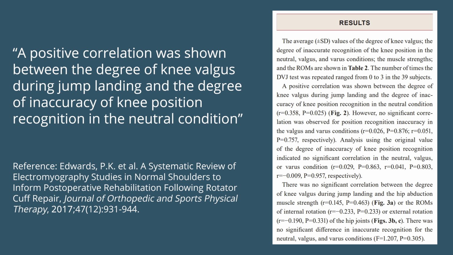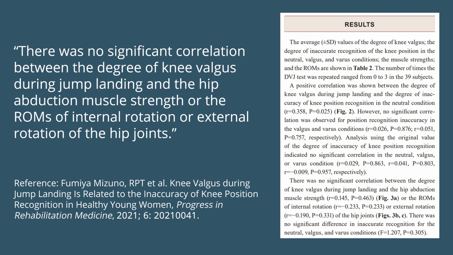The only positive finding in this study was the degree of knee valgus during the drop vertical jump test was correlated with the degree of inaccuracy of the recognized knee position with the knees in the neutral position, not hip abductor strength or hip internal or external range of motion. This study showed just how important joint position sense or kinesthetic awareness is to your ability to maintain good alignment and avoid caving the knees when you're doing exercises like jumping or single leg squats.